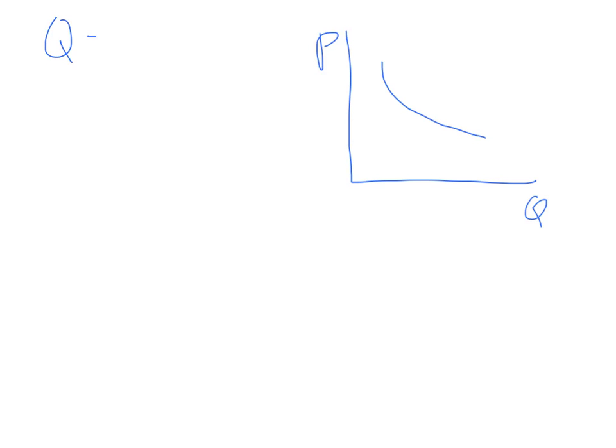Curves of this sort are rectangular hyperbolas. Stop the video at this point and see if you can show that a demand function of this sort has elasticity equal to negative b. Did you get it? Start with the definition.